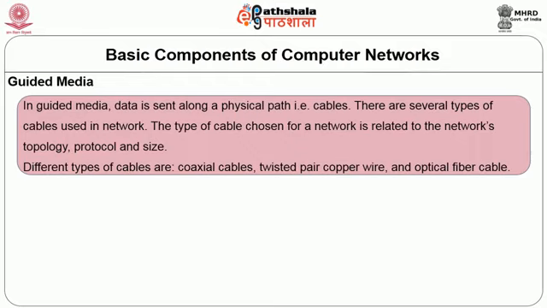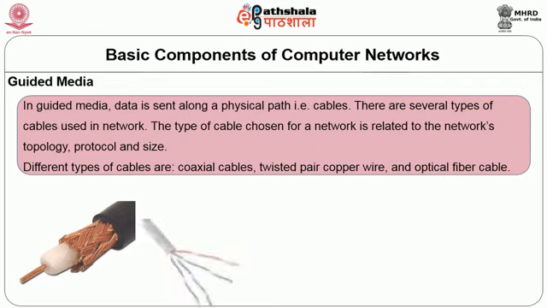There are several types of cables used in networks. The type of cable chosen for a network is related to the network's topology, protocol, and size. Different types of cables are coaxial cable, which looks like the cable that brings the cable TV signal to a television, and twisted pair copper wire cable, which looks like phone cable.